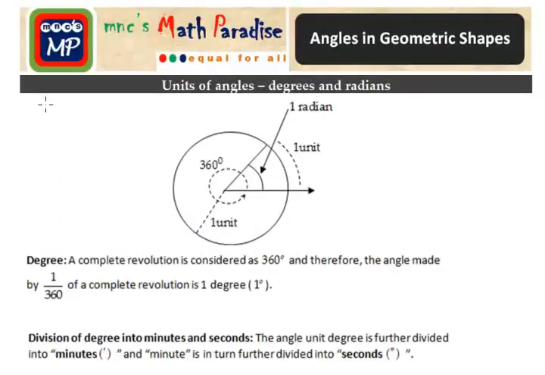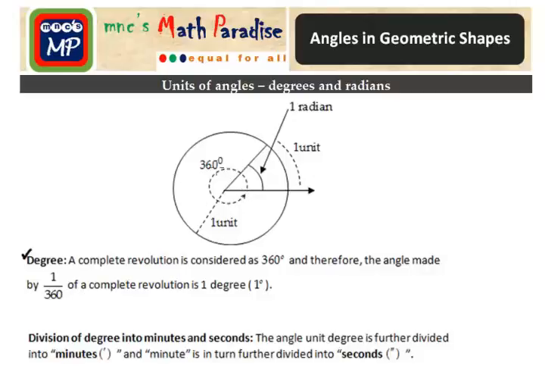Here we will introduce the units of angles, which are degrees or radians. Degree comes from the concept that one complete revolution makes 360 degrees. So 1 degree is one 360th of a complete revolution.